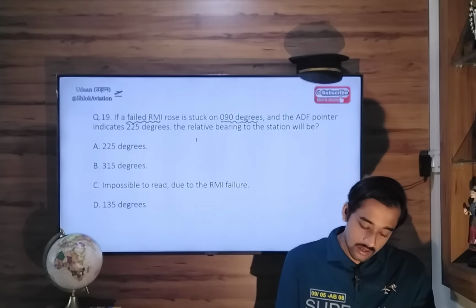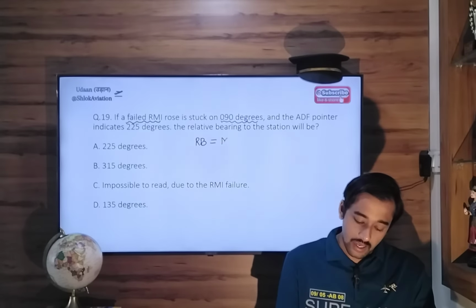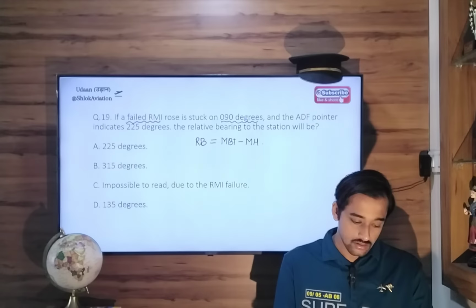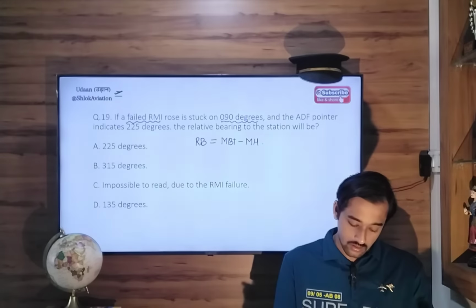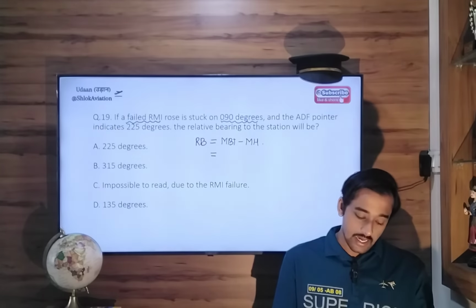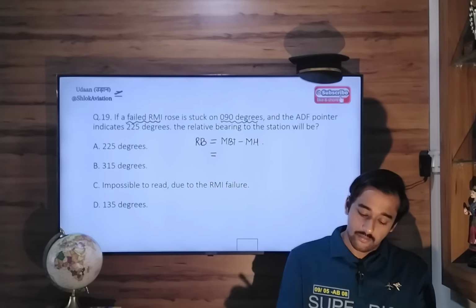Now, relative bearing is equal to magnetic bearing to the station minus magnetic heading. Right now, the magnetic bearing to the station is indicated by this ADF pointer.